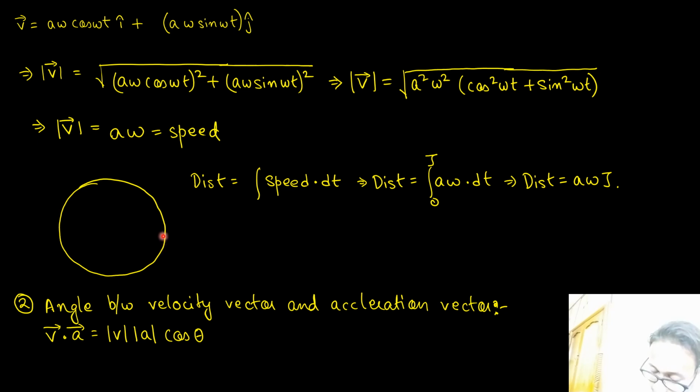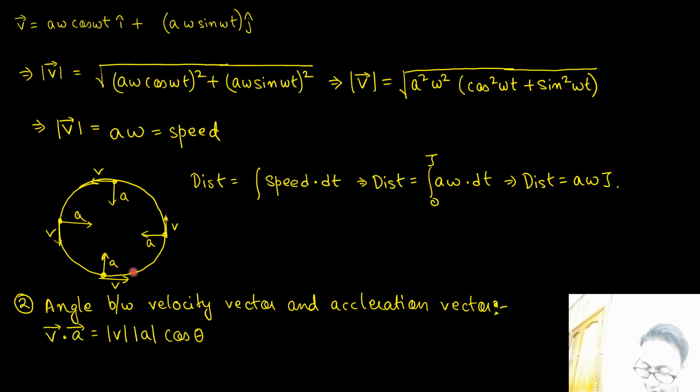When the particle is at any point, the acceleration would be directed towards the center, and when the velocity is along the tangent, the acceleration is towards the center. So this is our trick out here.